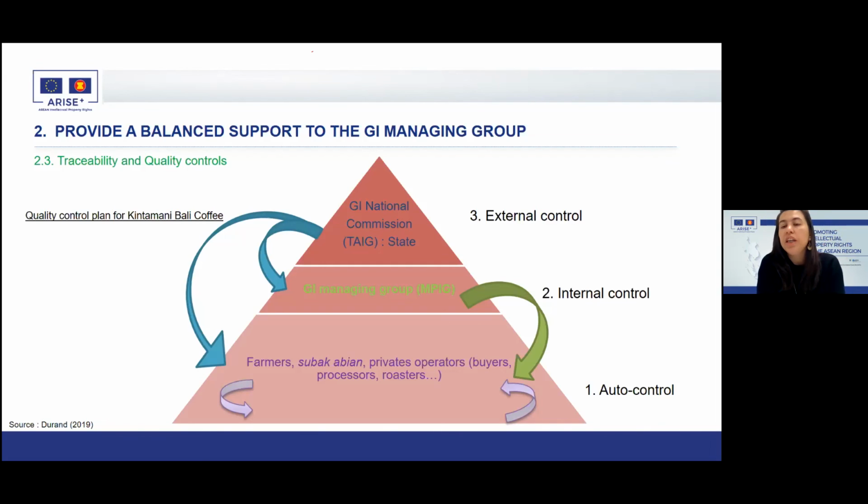Then the second step is the internal control, which is done by the GI managing group. It can be programmed or planned control regularly, but it can also be unprogrammed control or improvised visit. And then there is an external control, which is done by the state at national level. In the case of Indonesia, this is the GI National Commission.